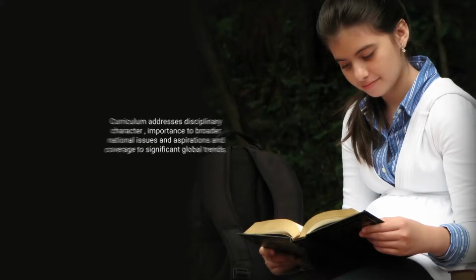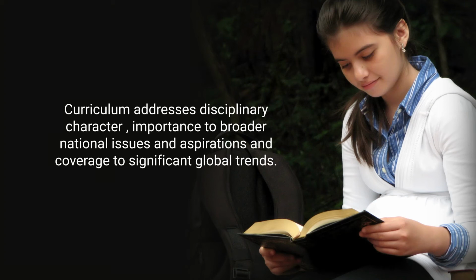So friends, let us go forward to understand the other concerns addressed by a syllabus. Here, further, you can say that the curriculum addresses disciplinary character, importance to broader national issues and aspirations, and coverage of significant global trends. Try to understand.